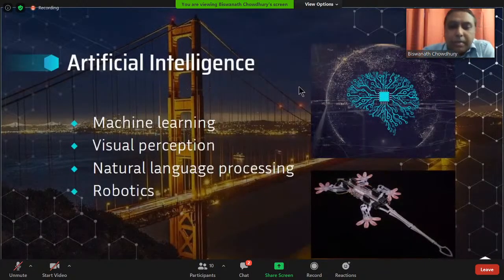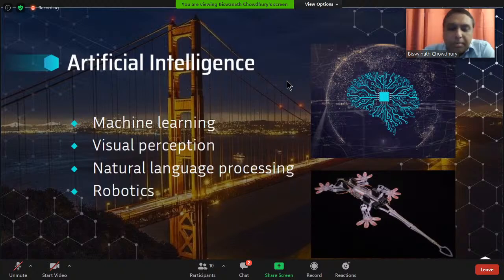The other thing is artificial intelligence, which has many subfields such as machine learning, where we provide the computer a large amount of data to identify patterns, and you can use it to predict weather or air quality for the next day, or to rapidly diagnose disease through medical images.